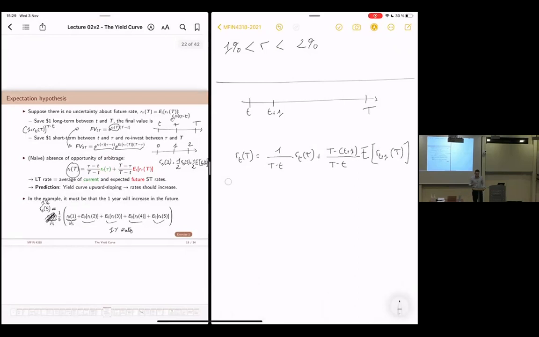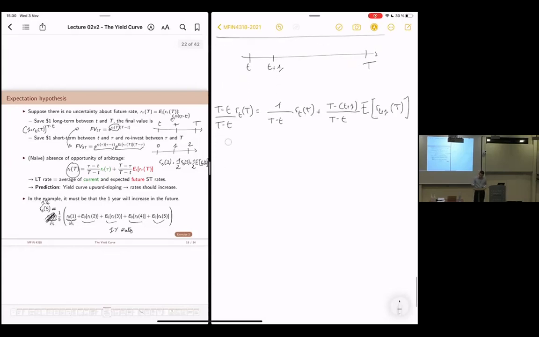Okay. Now I'm going to multiply the left-hand side by big T minus t divided by big T minus t. This is just multiplying by 1, so I'm not doing anything actually here. Now I'm going to rewrite this left-hand side as follows.